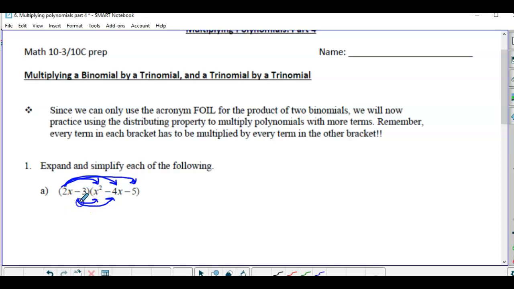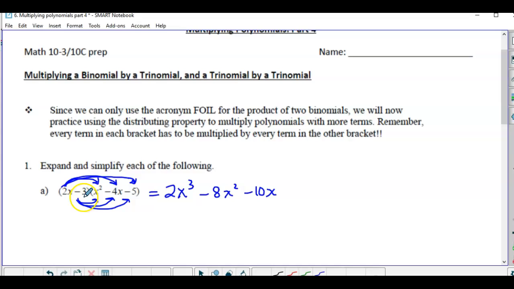So really 2 terms in the first, 3 terms in the second will give you 6 terms before you collect like ones. So let's do this. 2x times x squared is 2x cubed. 2x times negative 4x is negative 8x squared, so minus 8x squared. 2x times negative 5 is negative 10x, so minus 10x.